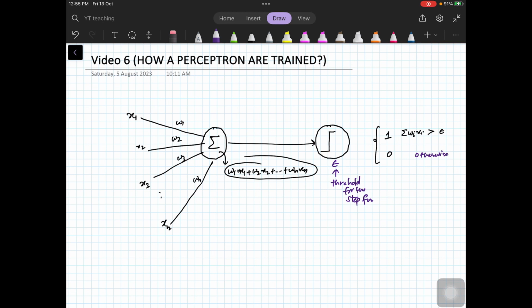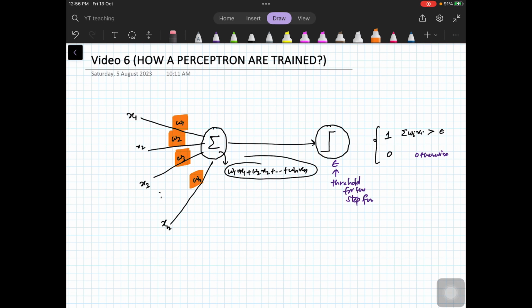Now what is the meaning of learning? Training, or learning, means that you have to choose w1, w2, w3 and wn in such a way that you get your expected results. In supervised machine learning, you already have data. For example, you have 1000 data points for which you already know the output.